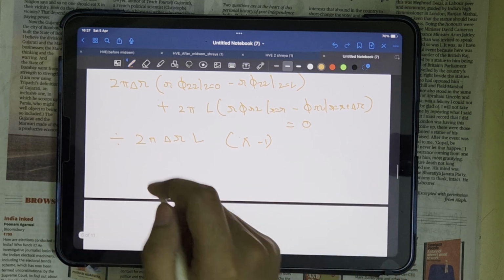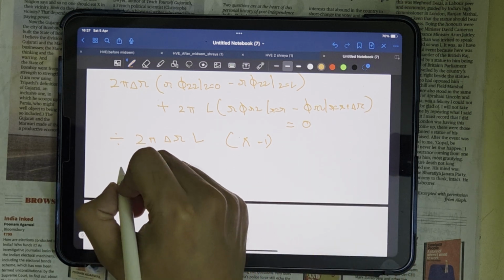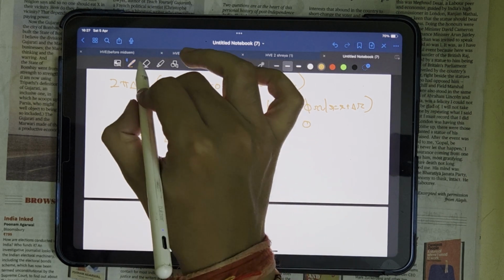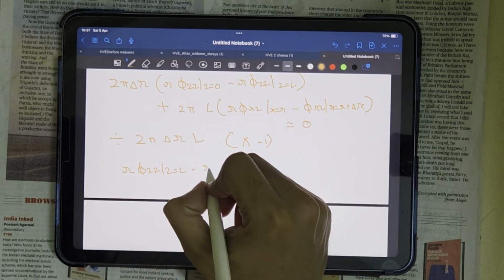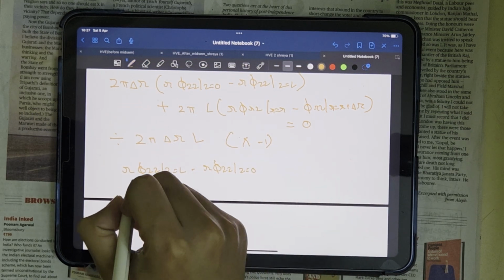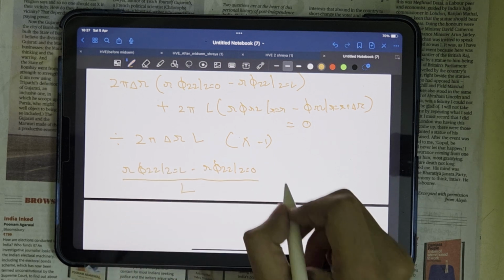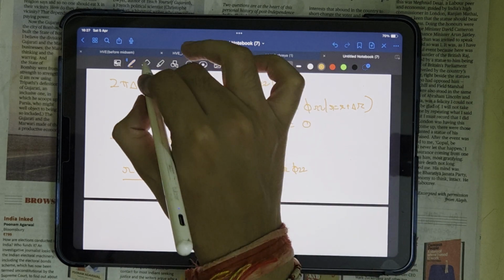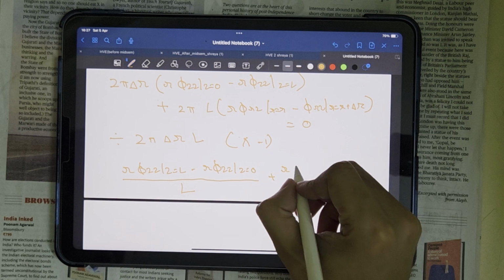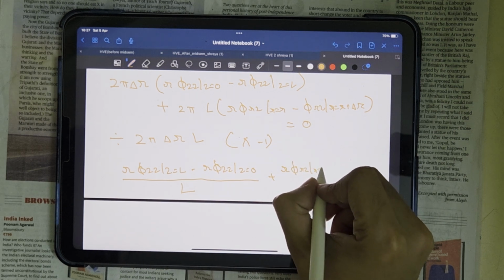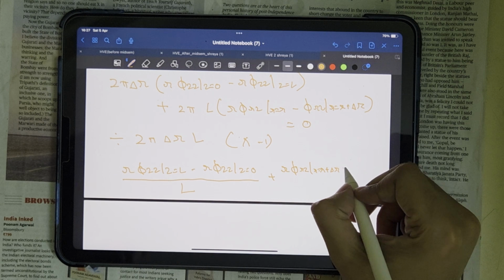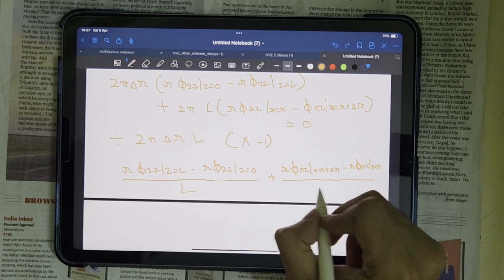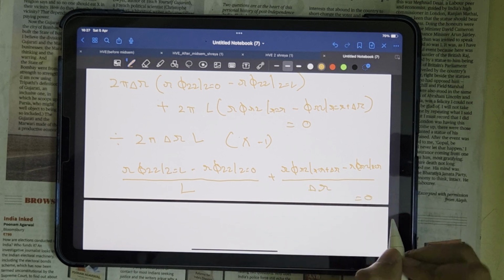So our equation will become r of pi z z equal to L minus r times pi divided by L plus r times pi z z, sorry, pi r z at r equal to r plus delta r minus r times pi r z at r equal to r divided by delta r is equals to 0.